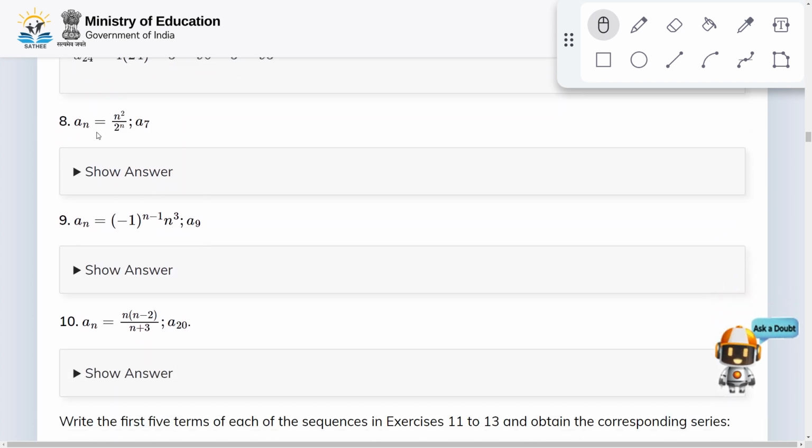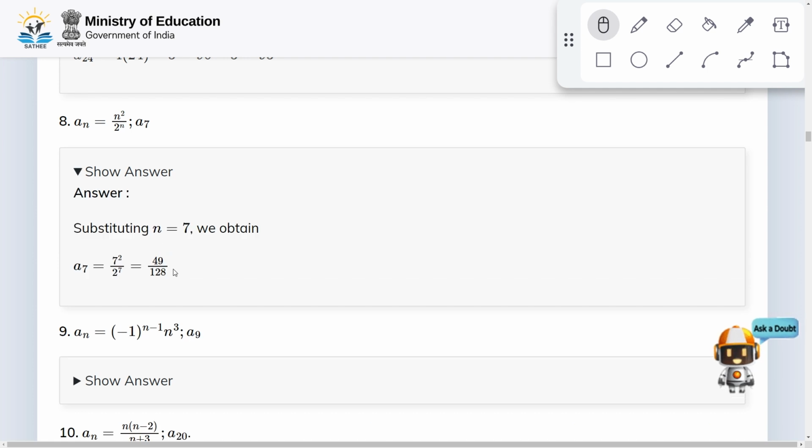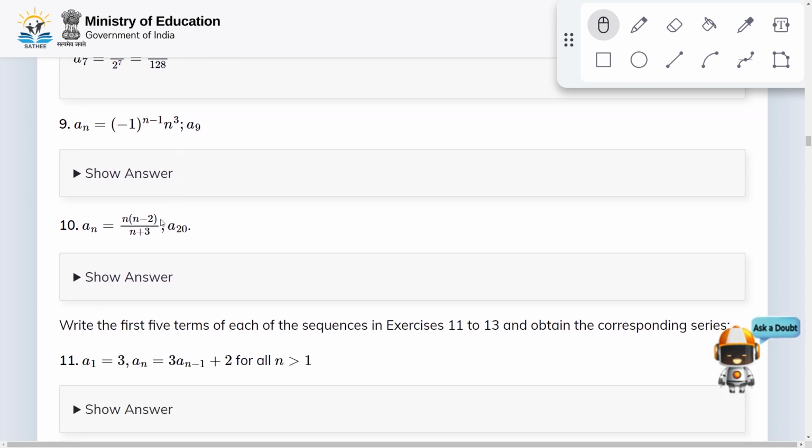Okay. An equals n square by 2 power n. Find A7. So put n equals 7. This means 7 square by 2 power 7. So 49 by 128. Now 9. An will be minus 1 power n minus 1 times n cube. Put n equals 9.